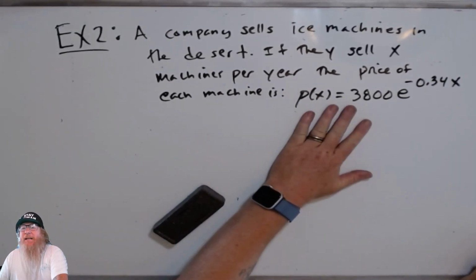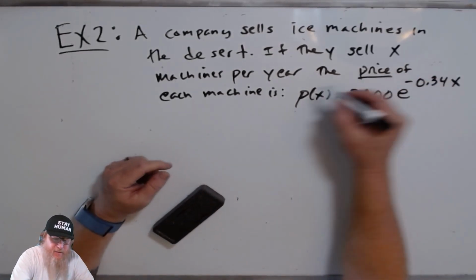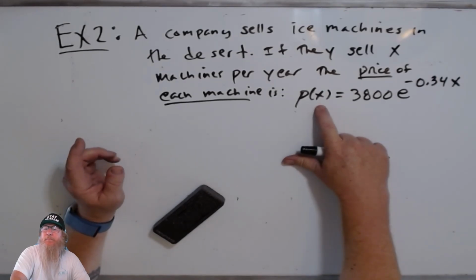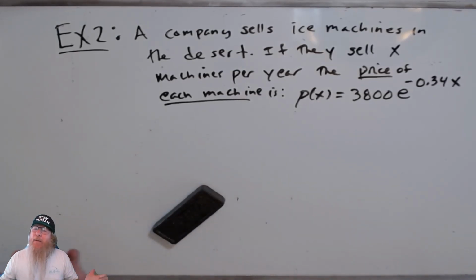So this is the price demand function. It's telling me the price of each machine. And it's based, of course, on how many I sell.